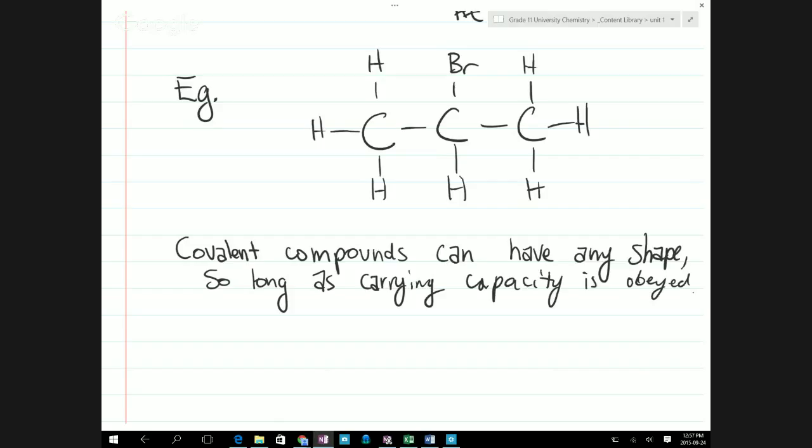They can have any shape you'd like, as long as the carrying capacity is obeyed. And when I say the carrying capacity is obeyed, what do I mean by that? What's the carrying capacity again?